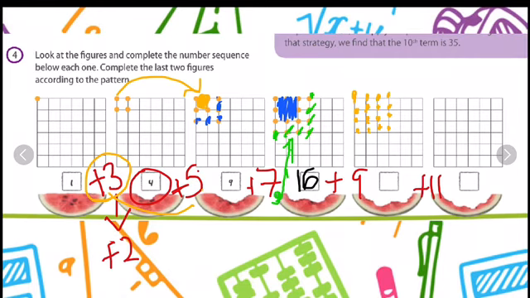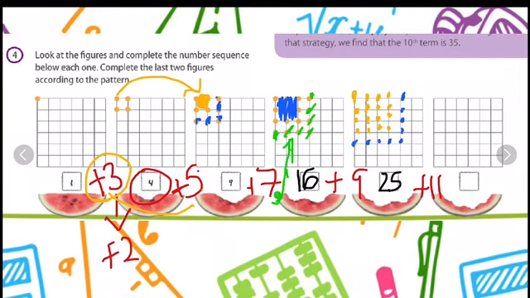You have now 16 dots. To those 16 dots you're going to add how many? 9 dots. So you're going to add 1, 2, 3, 4, 5, 6, 7, 8, 9. How many do you have now? So 16 plus 9. How many dots do I have? I have 25. Yes.